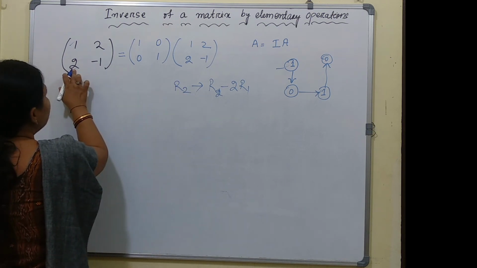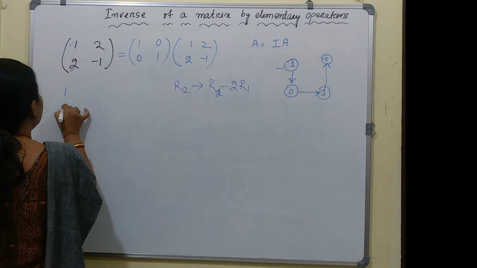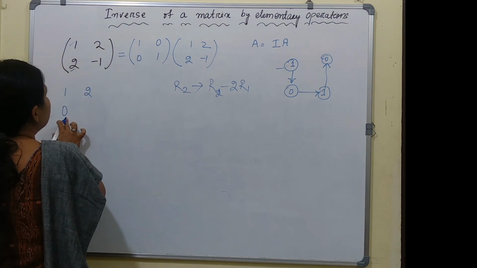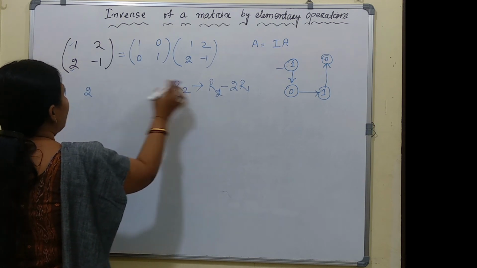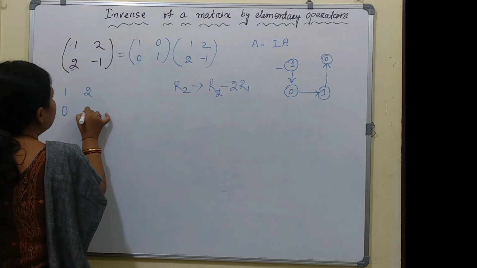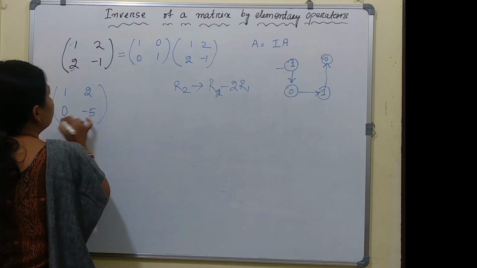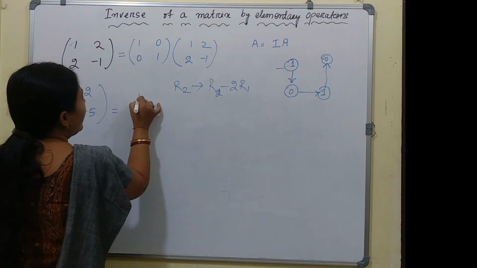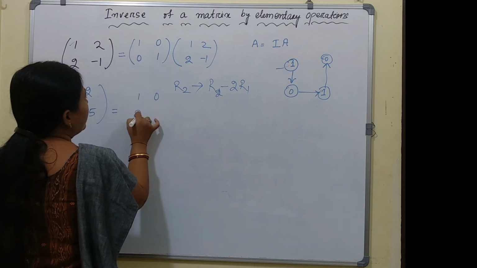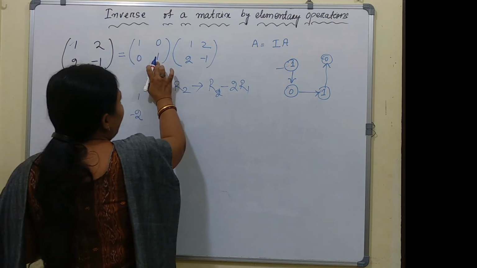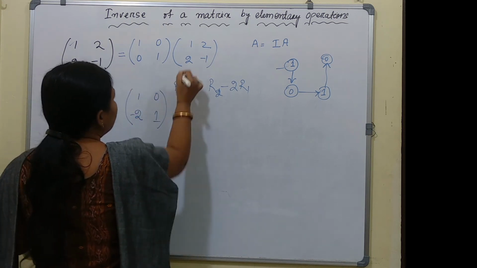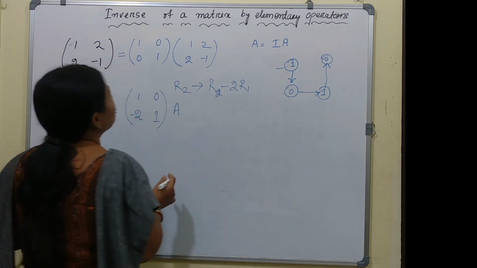R2 is 2 minus 2R1, which means 0. Row 1 is 1, 2, so the next entry is minus 1 minus 2 into 2, that is minus 5. On the right side we get 1, 0, next 0 minus 2 into 1, that is minus 2, and 1. This matrix is A.